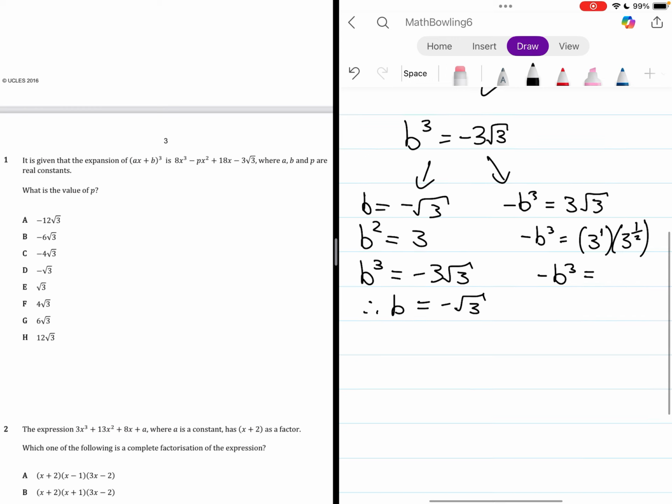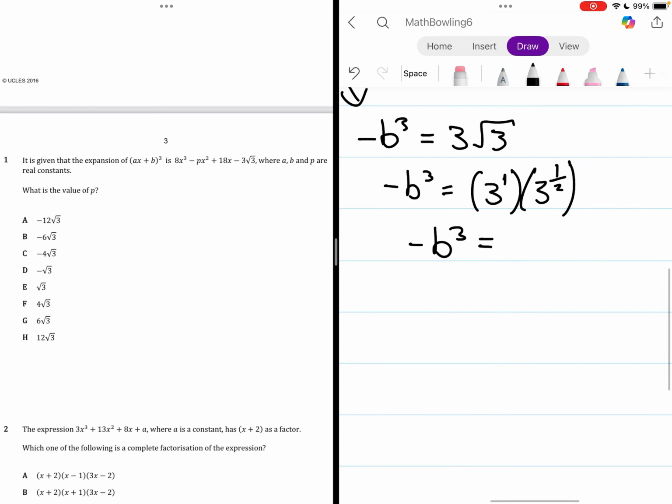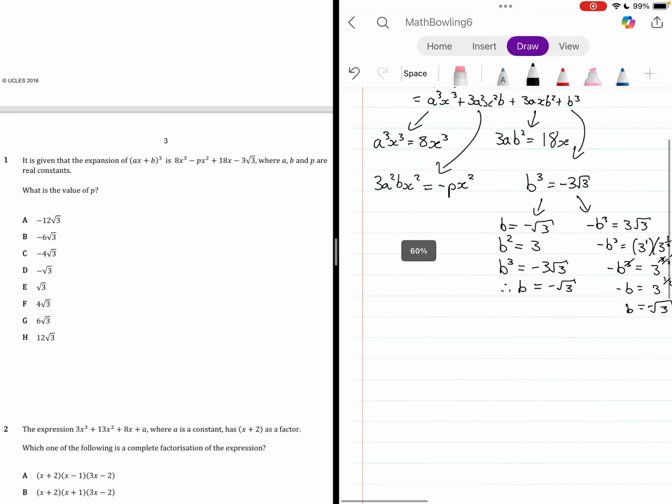Then when we multiply, we're going to add the powers. So equals 3 to the power of 3 over 2. Take the cube root of both sides, and we just get negative b equals 3 to the half. So b equals negative root 3. That's the more sophisticated method.